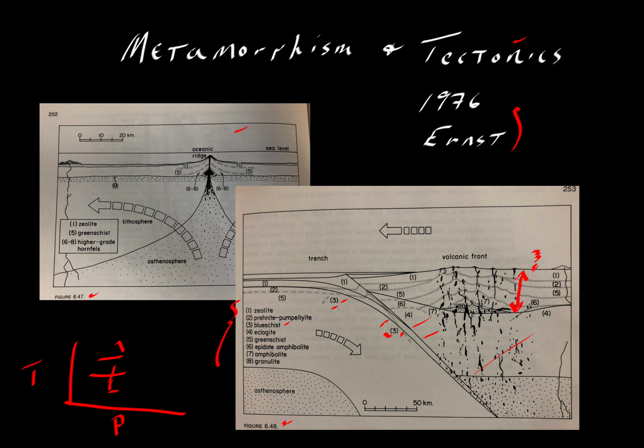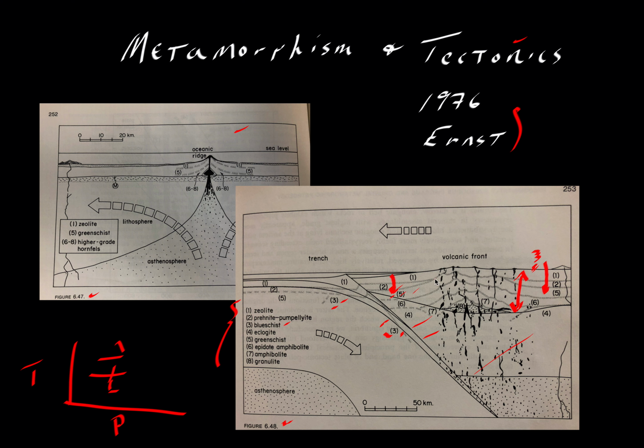Let's take a look at something else. Let's find greenschist facies metamorphism. Where does greenschist facies metamorphism occur? Well, over here at the mid-ocean ridge, it occurs at this depth, and then over here in this continental setting, the 5 looks to be this zone here. Notice that we have to go pretty deep to see greenschist facies metamorphism in the forearc, and also pretty deep in the back arc area here.